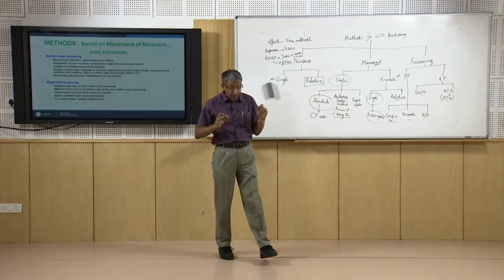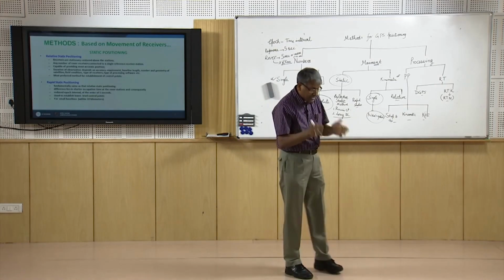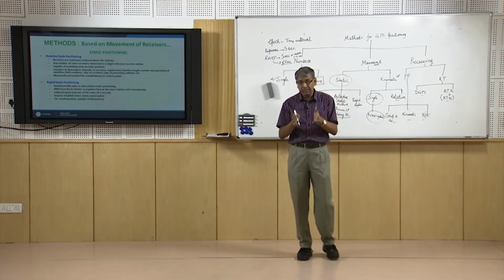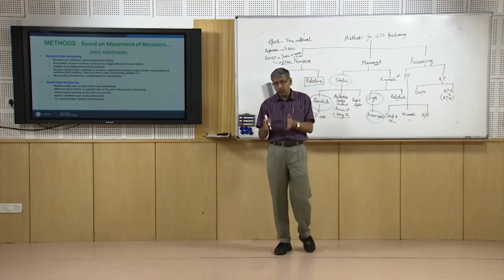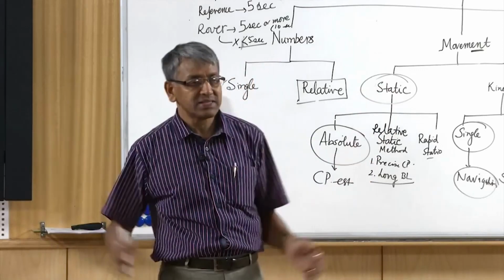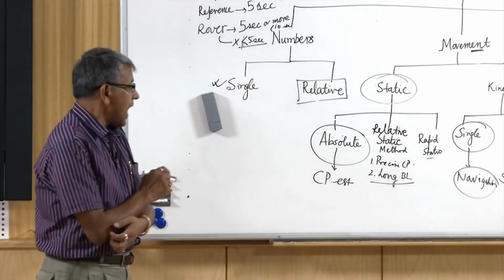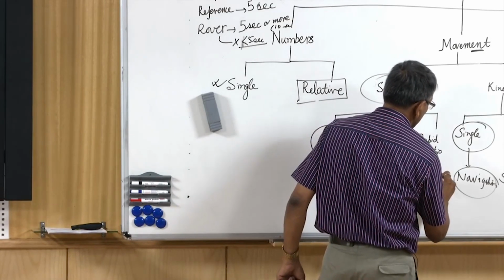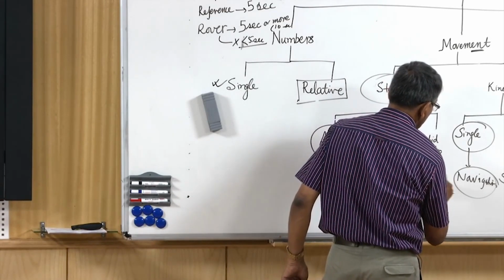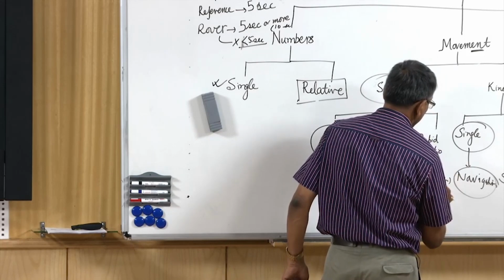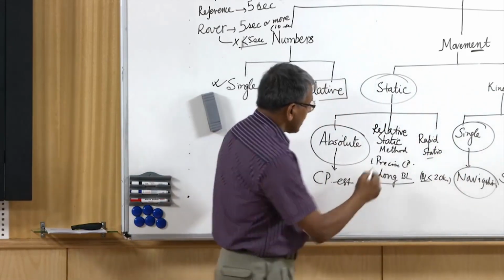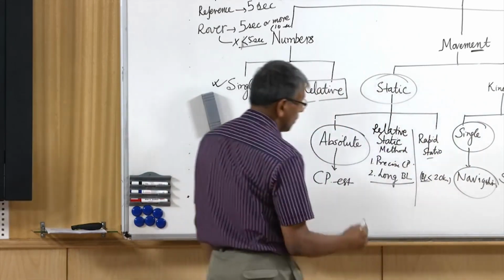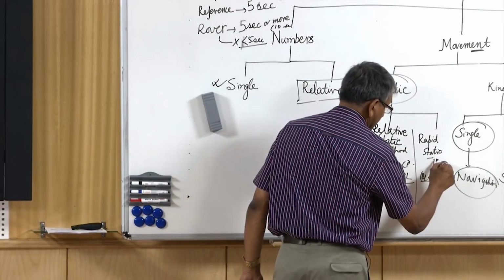Now if the control points are of less importance, meaning a less accurate control point is to be established, or the baseline length is less than 10 or 20 kilometers, then instead of relative static positioning we go for rapid static positioning.